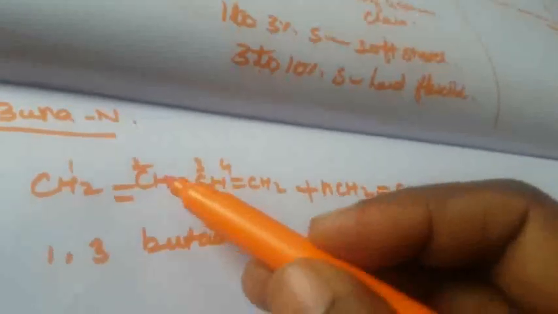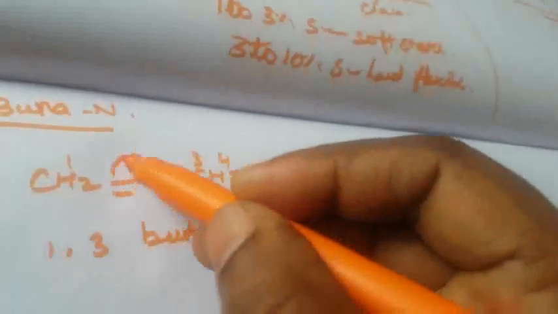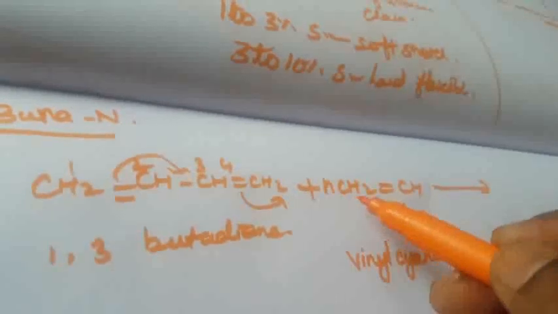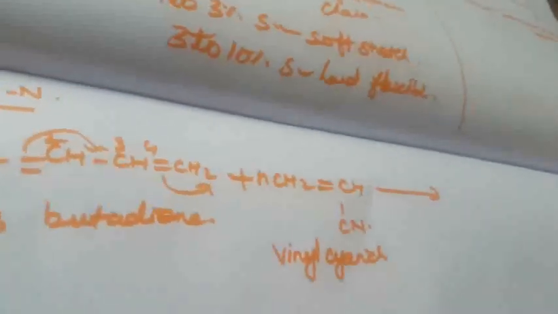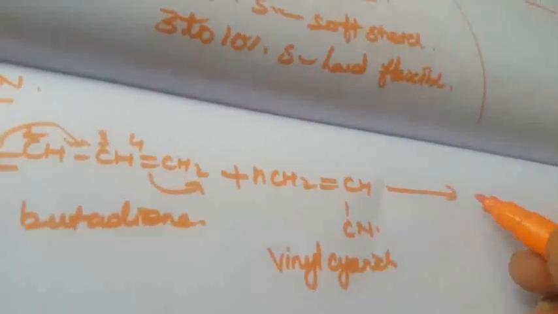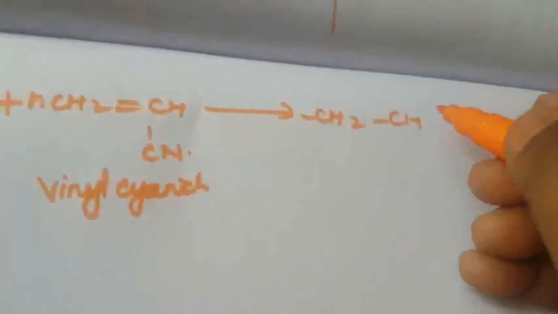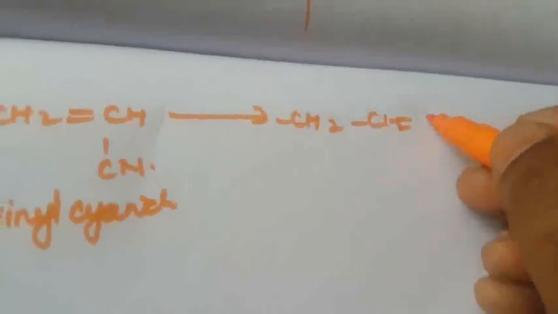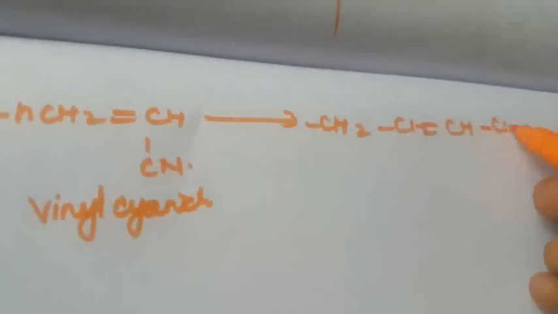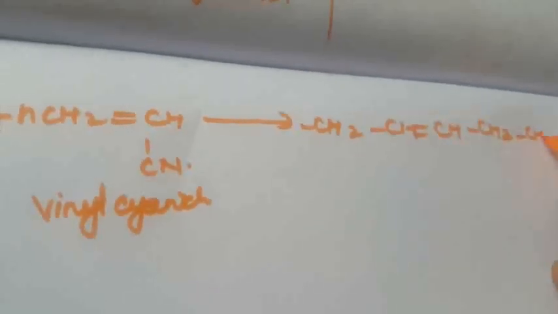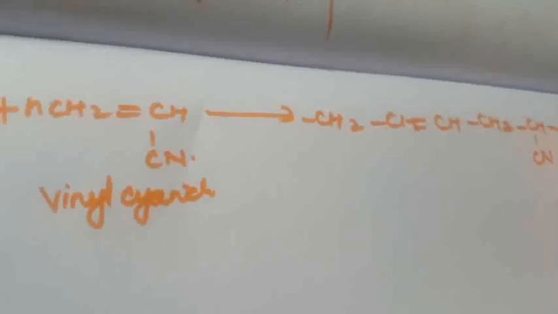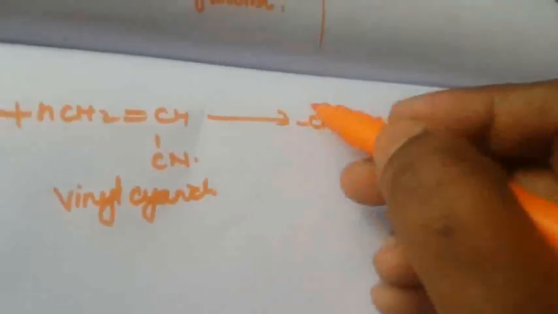Now the double bonds will be shifted. The resulting polymer is written as CH2-CH=CH-CH2-CH2-CH(CN)-CH2.